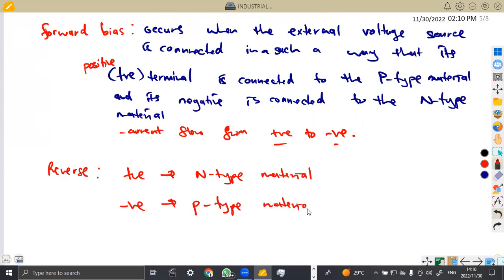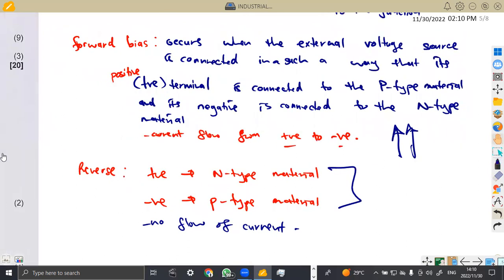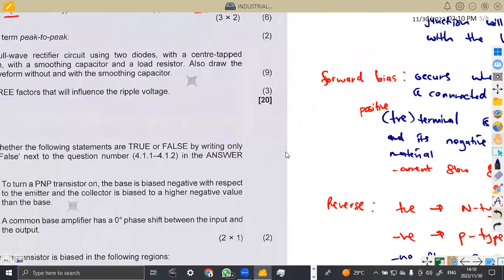That is what we have when we talk about reverse bias. Also in this one there is no flow of current. This is just vice versa of what we had above. I hope you understand what I'm trying to explain. It's just a reverse.